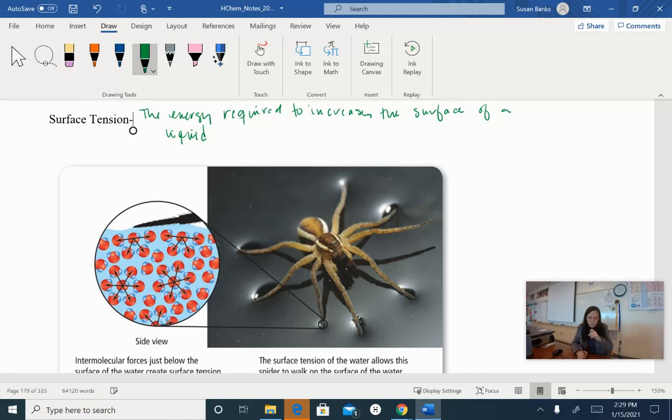Okay? Due to intermolecular forces. And there's that IMF again, intermolecular forces, okay? The stronger the surface tension, the stronger the intermolecular forces are, okay?